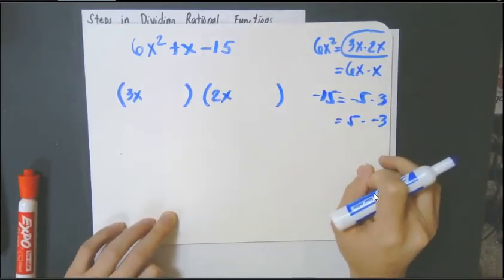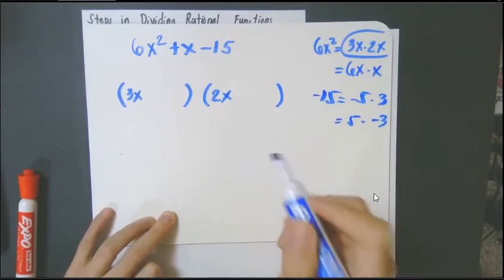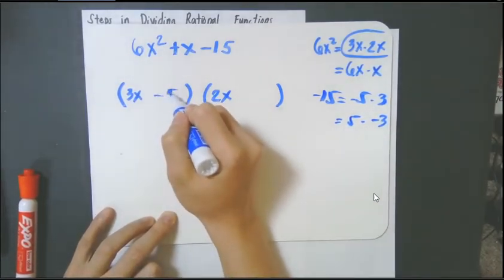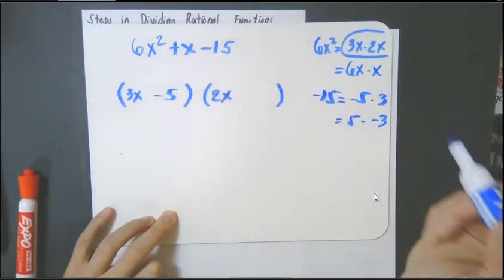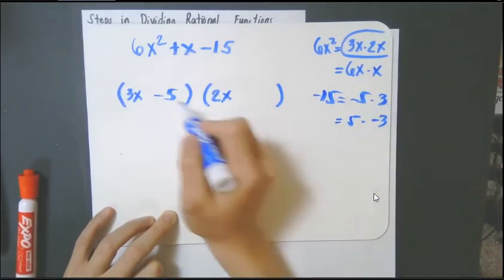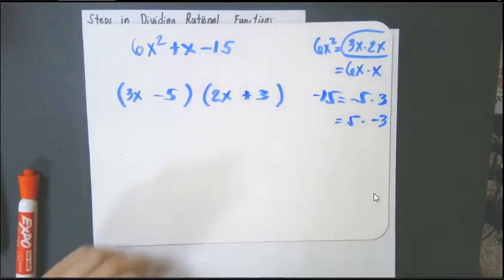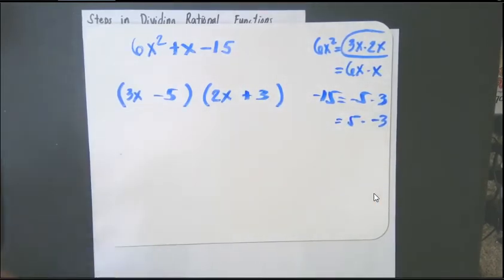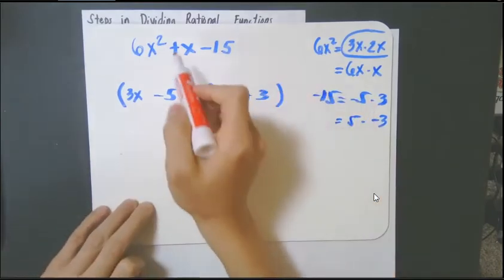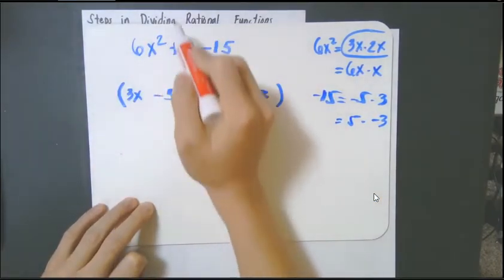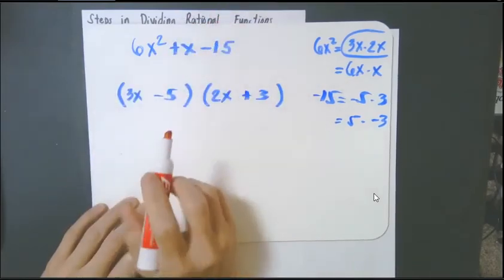Let me try first negative 5 here, and then positive 3 here. Now, this is a quadratic equation, so imagine the quadratic divided into 3 parts.